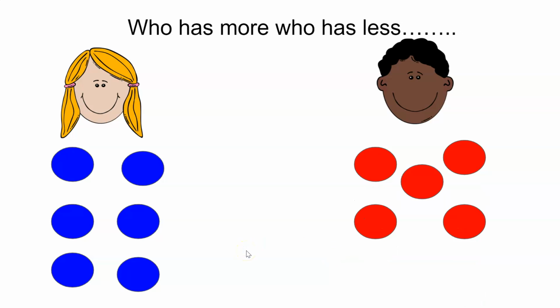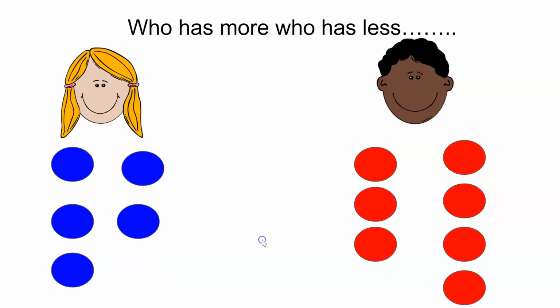All right, who has more? And who has less? So let's talk about more. Oh, did you say that Jane has 6 and Sam has 5? So Jane has more than Sam. Who has less? Sam has 5 and Jane has 6, so Sam has less than Jane.